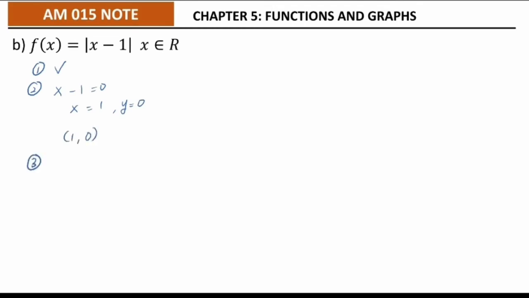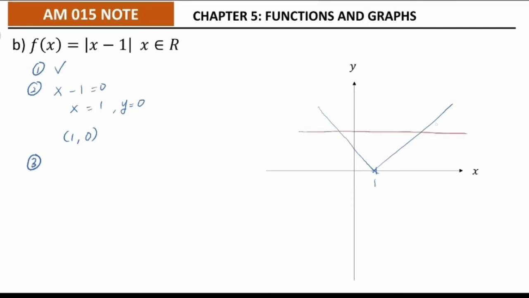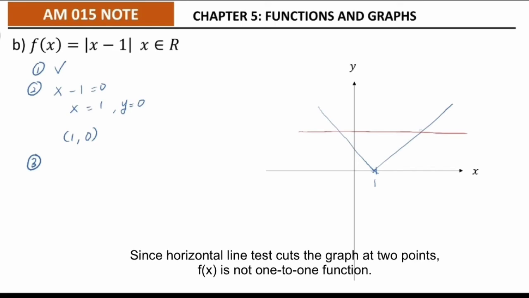Third, sketch the graph: the vertex is at (1, 0) and the graph is a V shape opening upward. For a one-to-one function, draw a horizontal line test. Since the horizontal line test cuts the graph at 2 points, f(x) is not a one-to-one function.